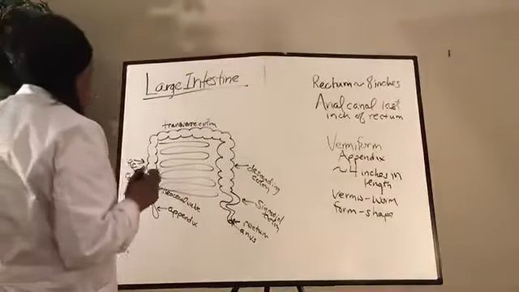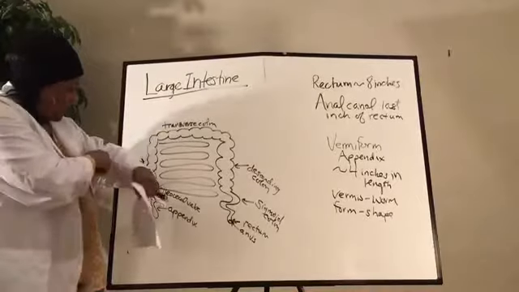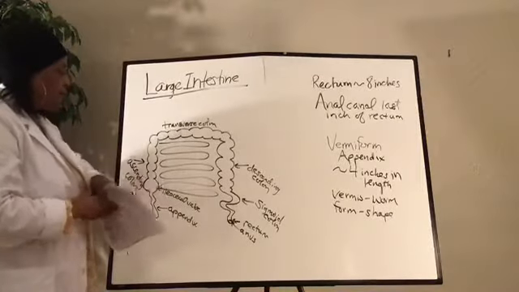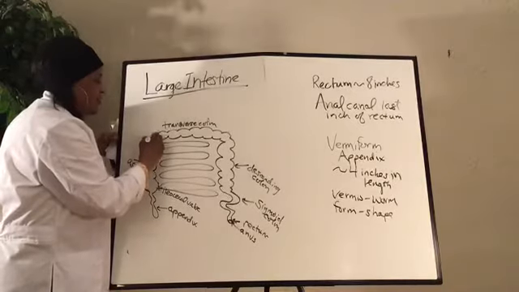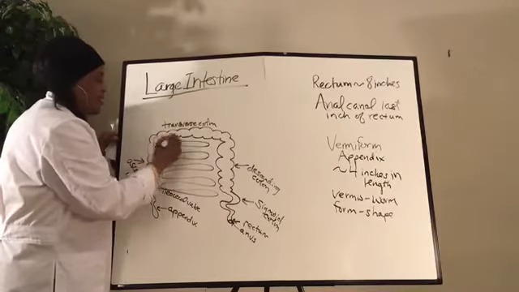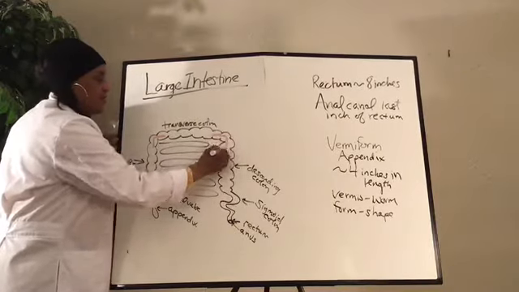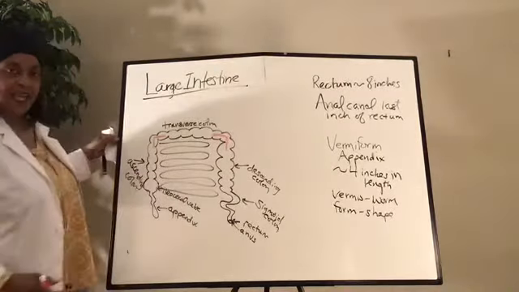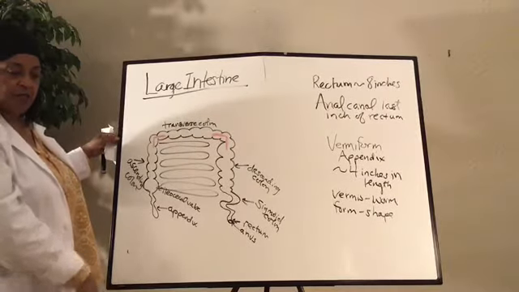I want to bring your attention here to this flexure here. Hope you can see that. And this little bend here, that flexure. So this is on the right side. The ascending colon comes up, over, down, then you poop.